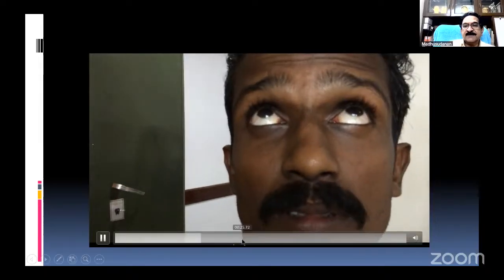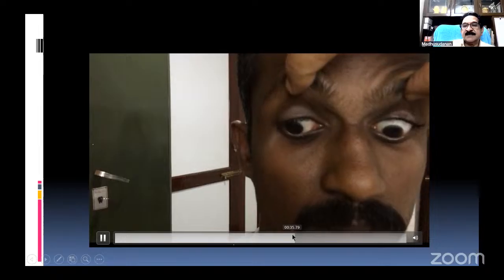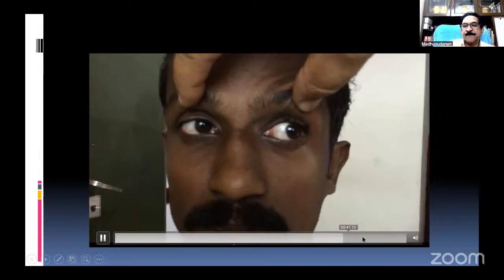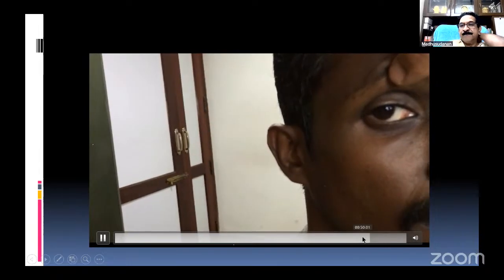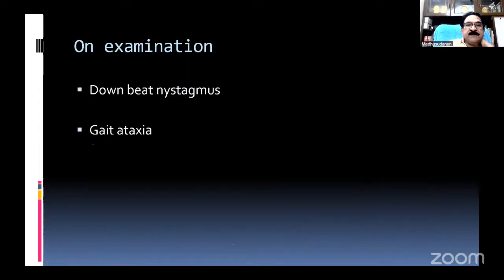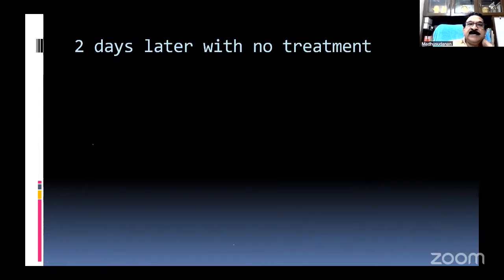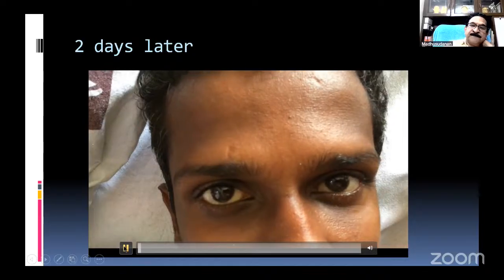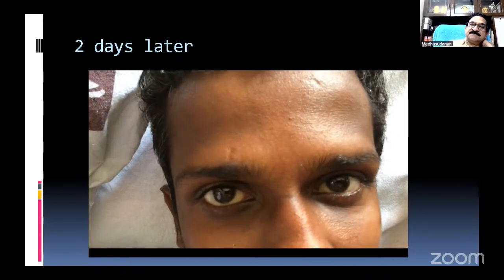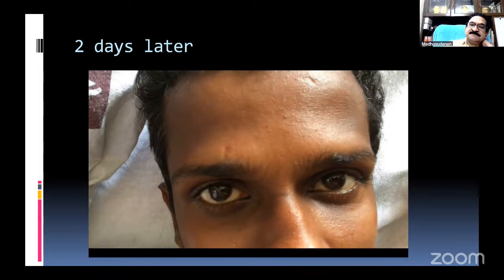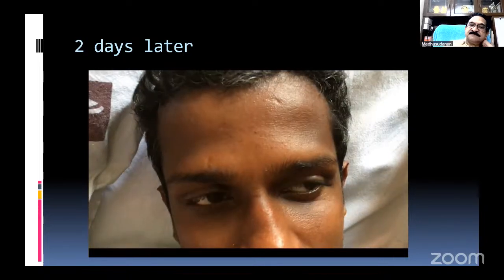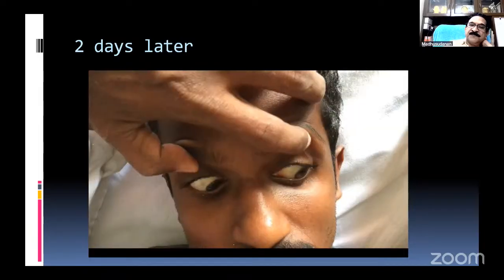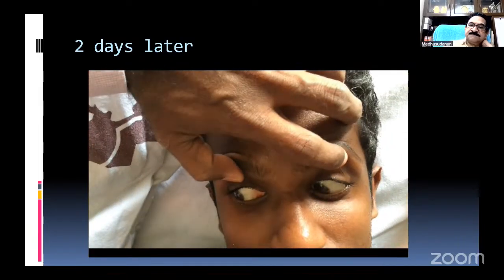He was also ataxic while walking, and gait ataxia was there. 2 days later, with no treatment, not put on any treatment, he improved. This is 2 days later. There is no nystagmus. Occasional mild suspicious nystagmus.